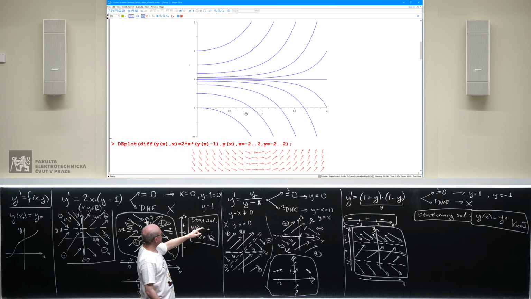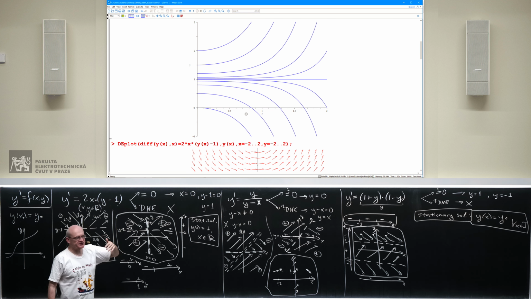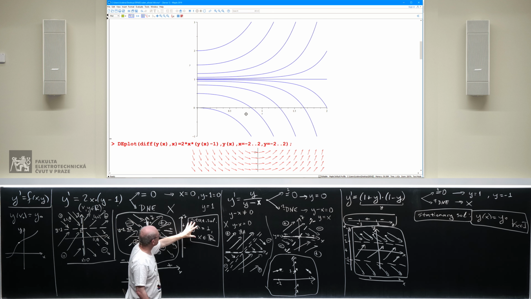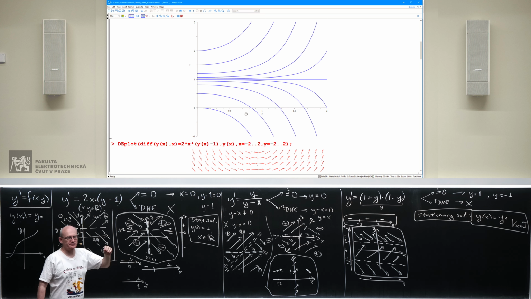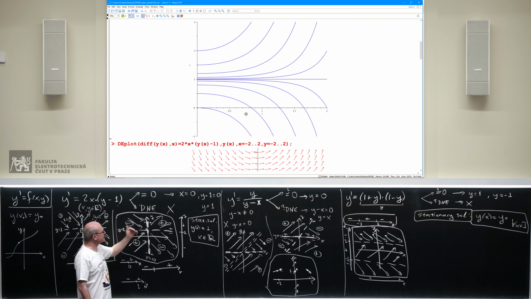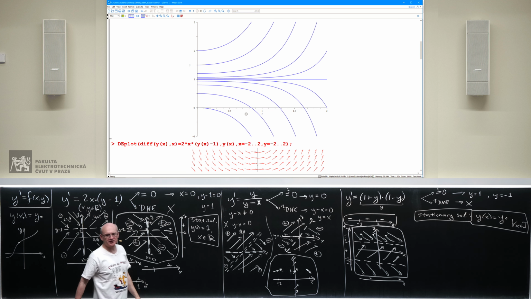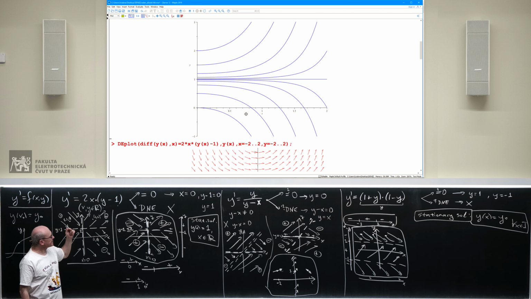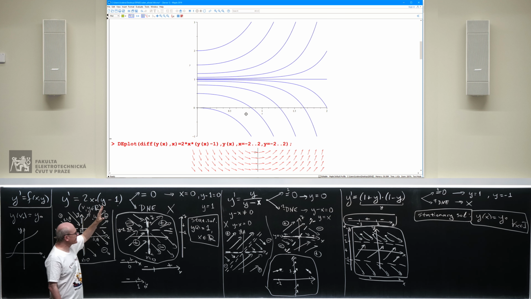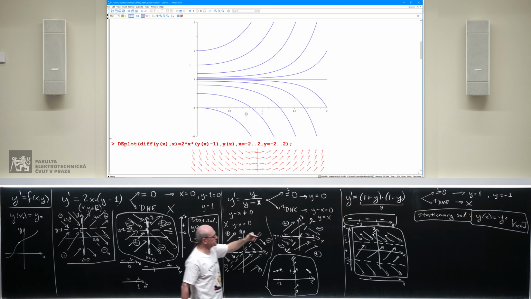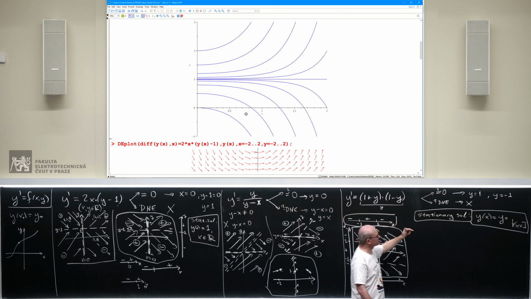We actually talk about stationary solutions when we are talking about separation, but that's a much more general notion. It's not related to separation, in fact, but to the idea that sometimes a constant function solves my differential equation. Now, the nice thing is that I can say whether there is a stationary solution or not just by looking at the equation. What does it mean that a constant function solves my differential equation?